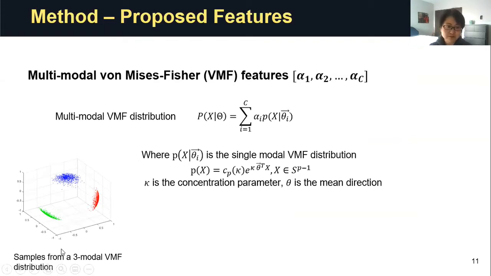In our work, we use a multi-modal VMF distribution to extract the multiple branches at a bifurcation location. The equation for the VMF distribution is like this, where each component is a single-mode VMF distribution with parameter theta i. We use the weights of the multi-modal distribution and encode them as the VMF feature.